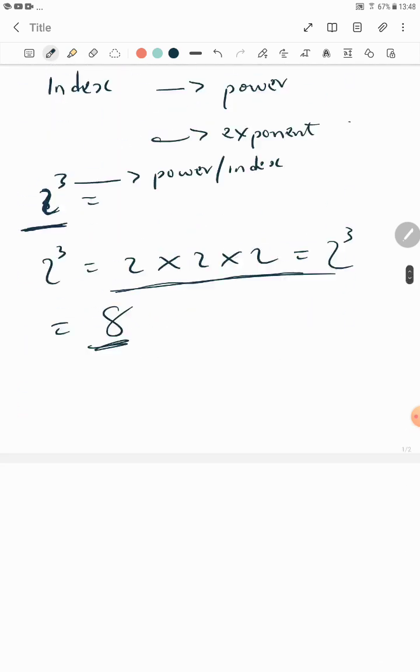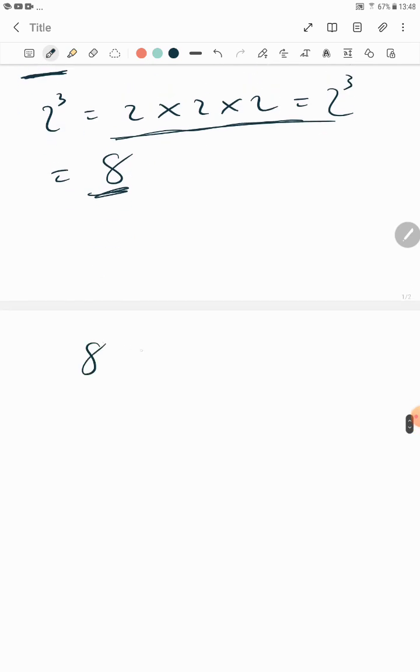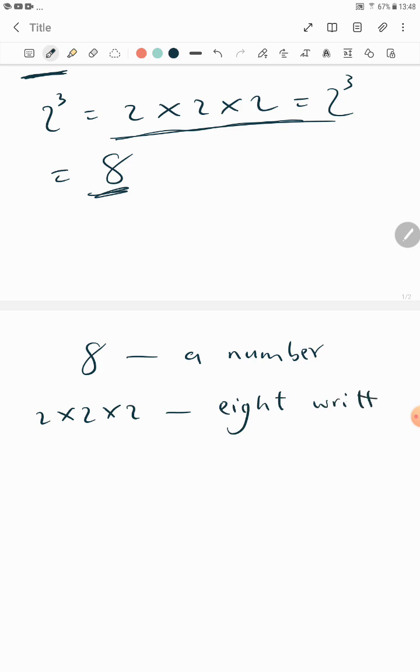If we are given 8, this is a number, and if we write 2 times 2 times 2, this is also 8, written as a product of its prime factor.